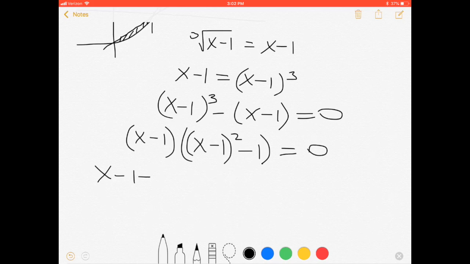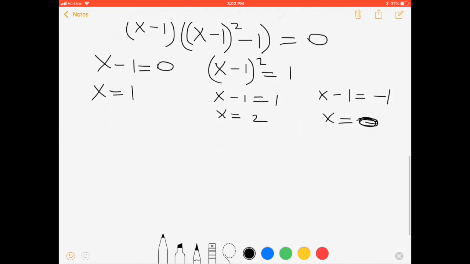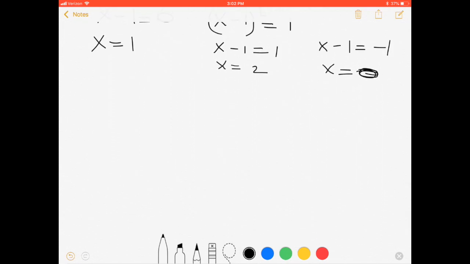The first factor gives us x minus 1 equals 0, x equals 1. The second one, (x minus 1) squared equals 1. This means x minus 1 equals 1, x equals 2, or x minus 1 equals negative 1, x equals 0. I found all three of my intersection points: 1, 2, 0.